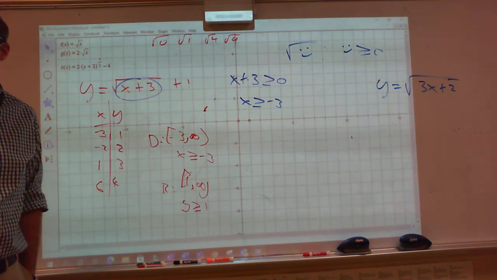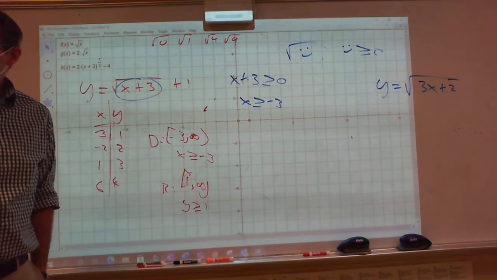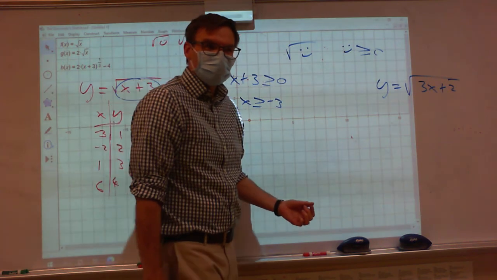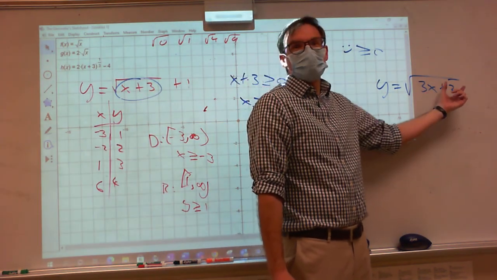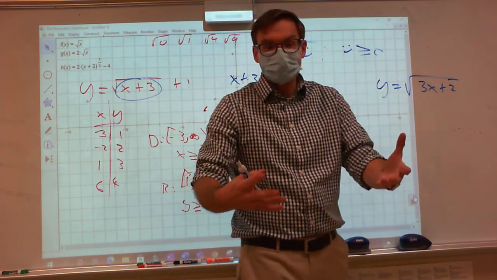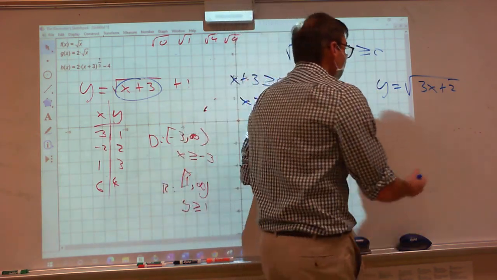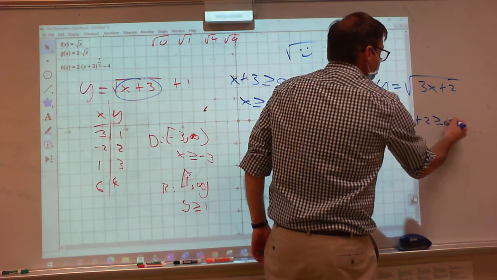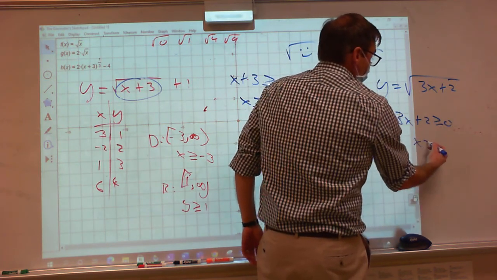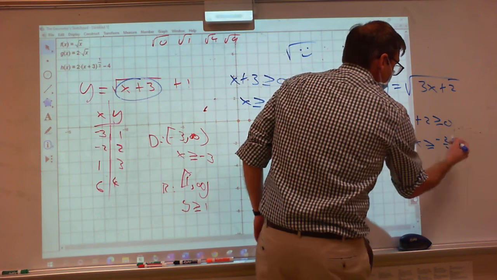That I think is harder to do just by looking, right? But if you just set it up, how do we figure out our domain? Greater than or equal to 0, because we know what's inside has to be greater than or equal to 0. So if I set 3x plus 2 greater than or equal to 0, did you get x is greater than or equal to negative 2/3?